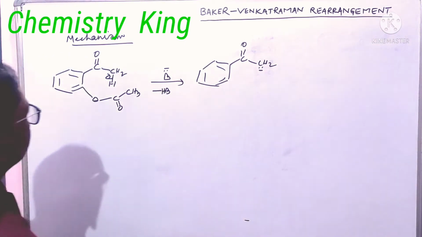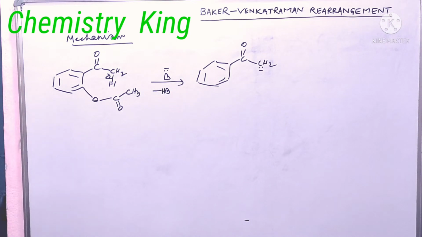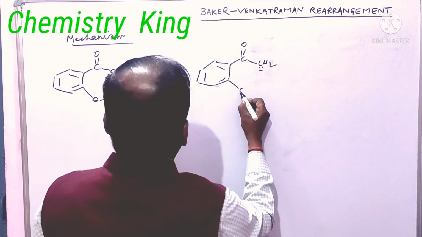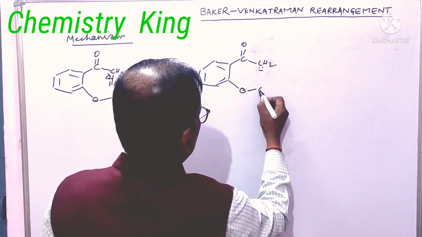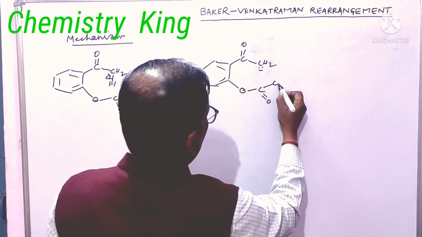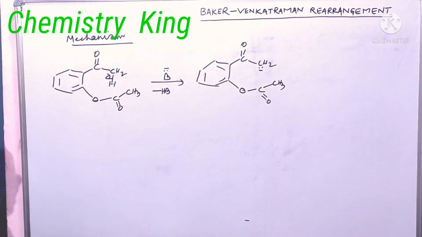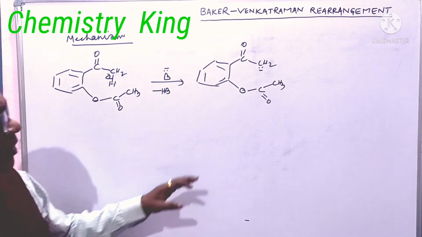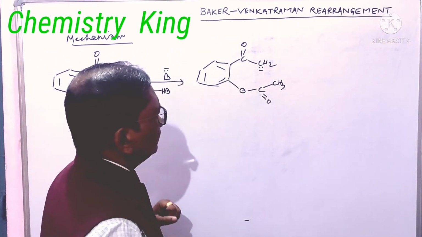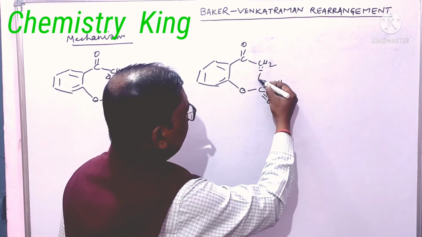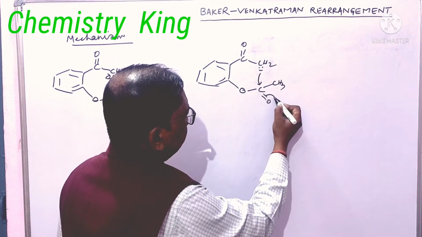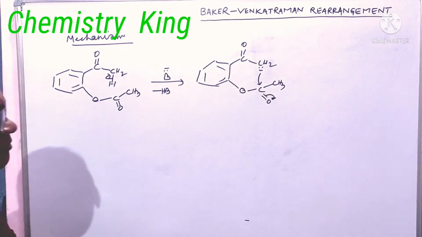Okay? And here O, C double bond O, CH3. It is a carbanion and it is, of course, a nucleophile. And now it will attack at this carbon. It is the carbonyl carbon.